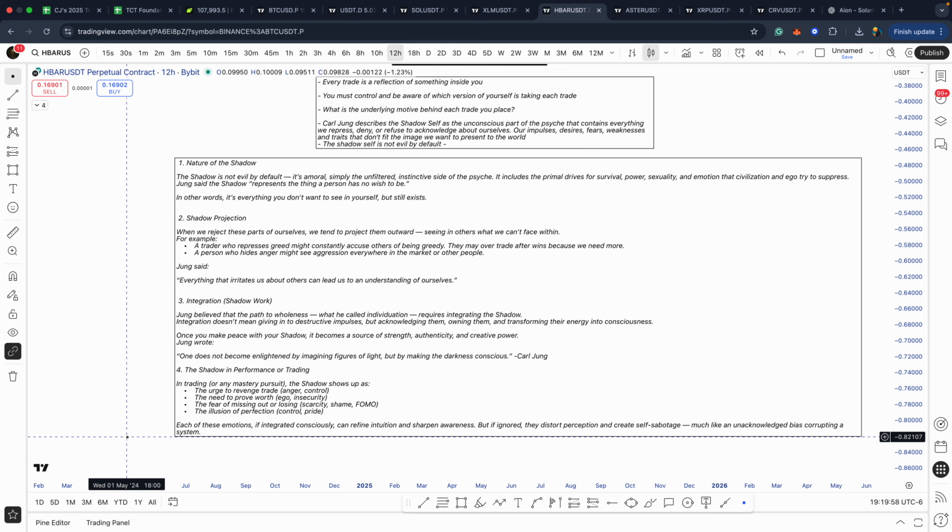I want the dopamine of placing a trade. I like being in a trade, so I'm just going to take this trade because it will make me feel less bored. When in actuality, this is how accounts bleed. And these are traps that I fell into, and where I knew I needed to be more aware and to do the work on myself to become a better trader.